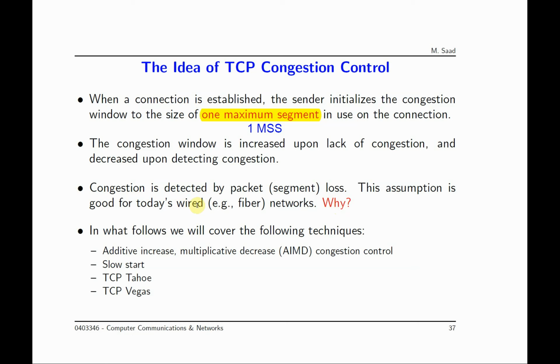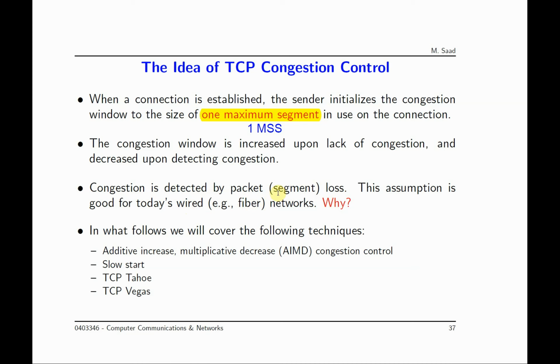In wired networks like today's fiber optic internet, the internet that has fiber optic links or copper wire links, the main reason for packet losses is congestion, is basically when the buffers get full. However, if you have a wireless network, then maybe packets would get lost because of other reasons, not only congestion but also interference and noise and the channel condition and so on.